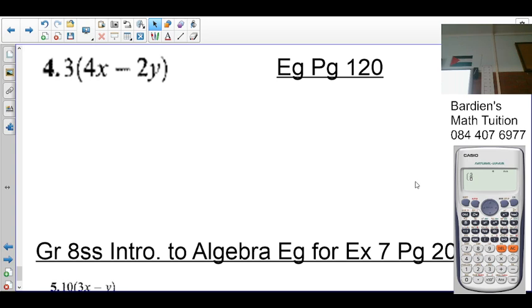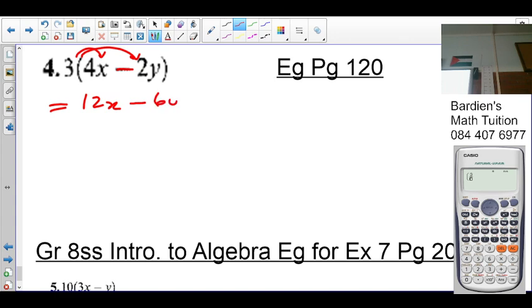So what do we do here? Can we add or subtract inside the brackets? No. Again, distributively. 3 times 4x? 12x. 3 times negative 2y? 6. Positive or negative? Negative 6y. You all agree with that?